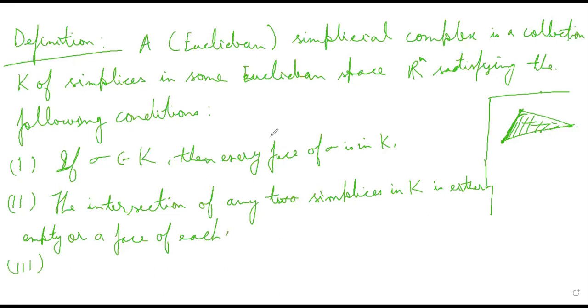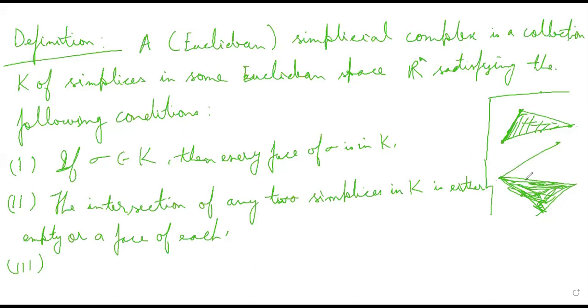So if you take any two simplices in K, then either they don't intersect, or if they intersect, then their intersection is a common face. So if you take a simplex, suppose something like this, and another simplex, suppose this two-dimensional simplex, then this is a one-dimensional simplex and this is a two-dimensional simplex.